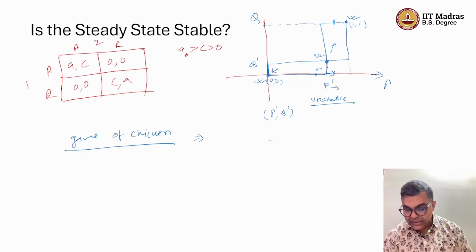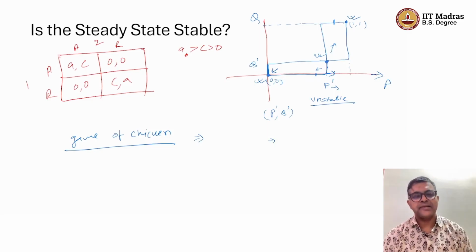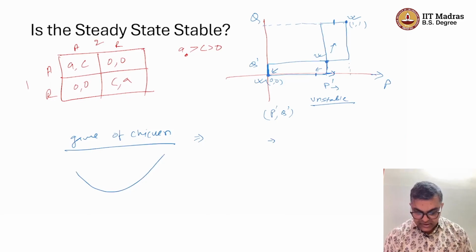That you perturb the behavior of players a little bit, and that equilibrium would come back, and that is a nice property. If you remember from physics, there is a big bowl and you put a small ball, you disturb it, ultimately it will come back. So in this case it is a stable equilibrium.